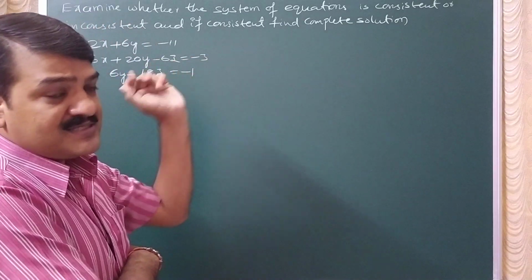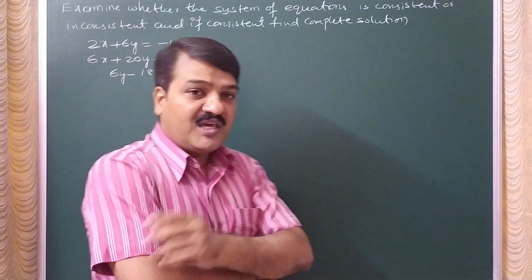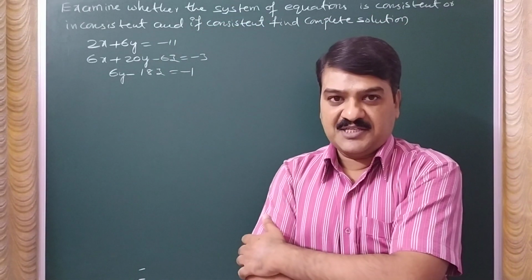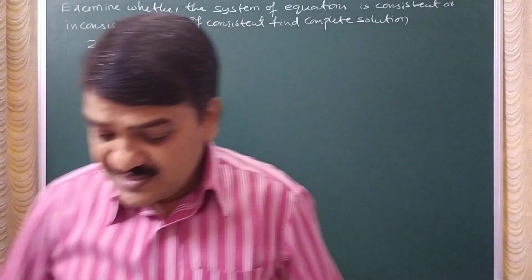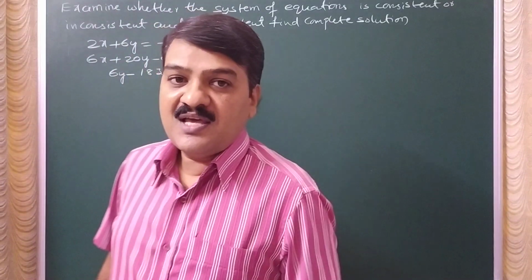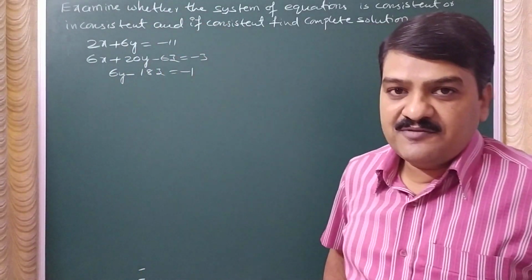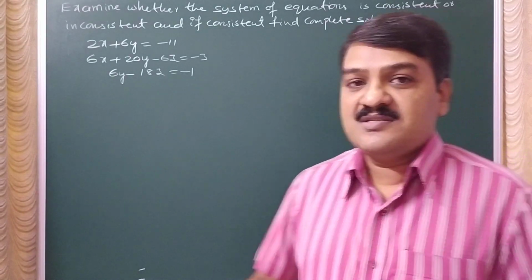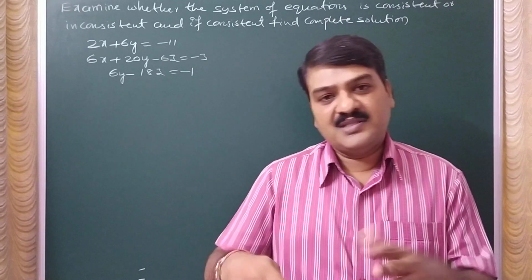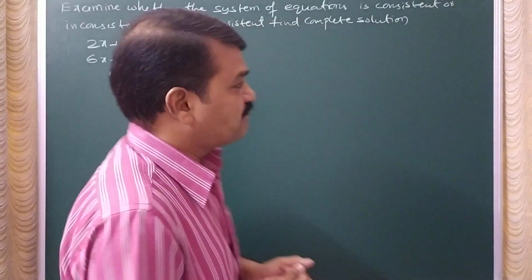equations given like this, and also if consistent, finding the solution also we will see. And you know that consistency is nothing but the given set of equations having a solution. Therefore, if the given set of equations has a solution, one or more, that becomes consistent automatically.